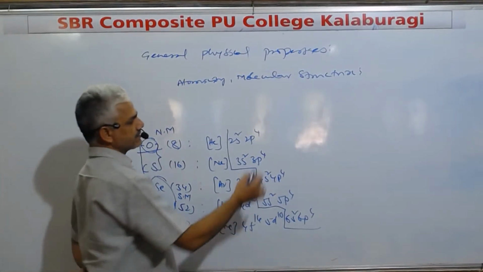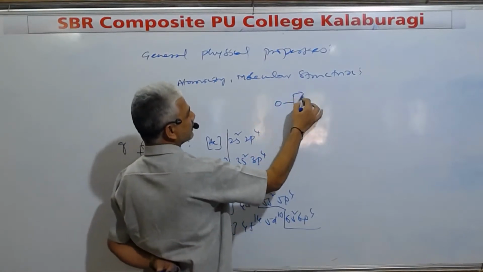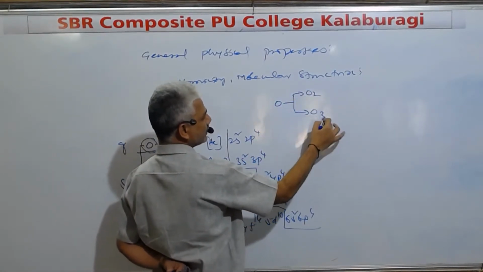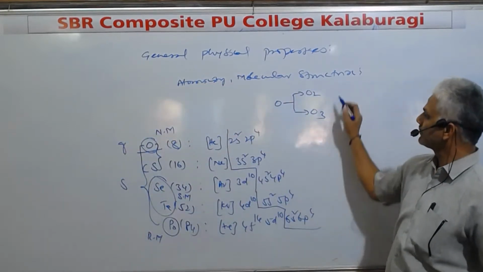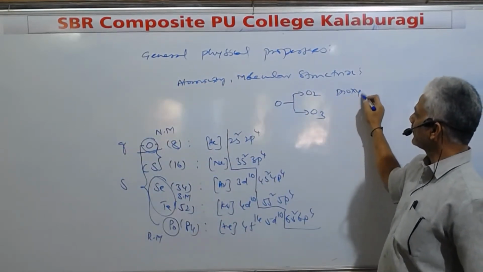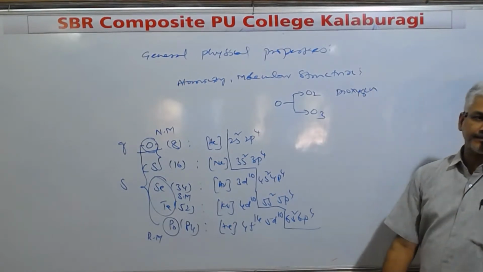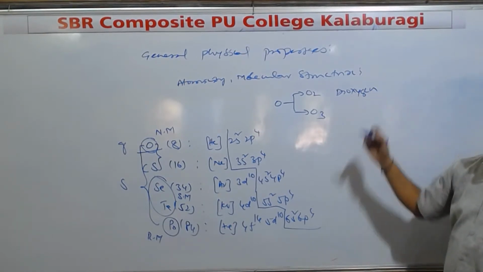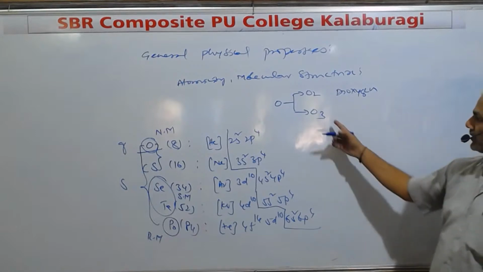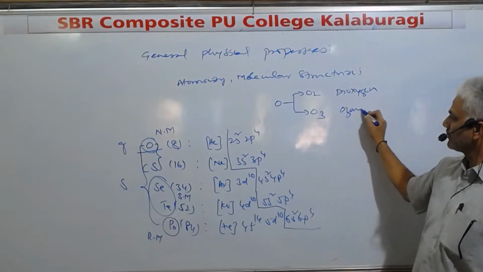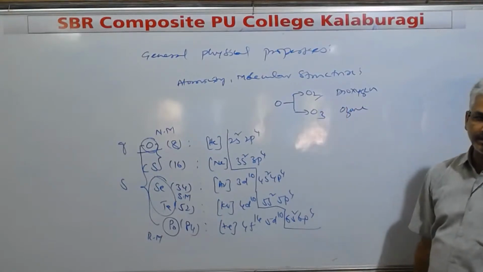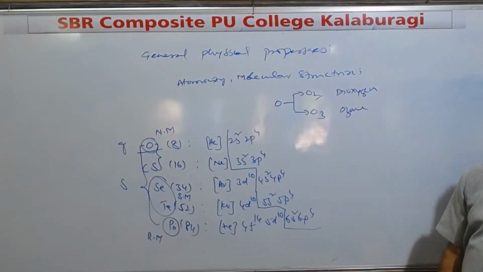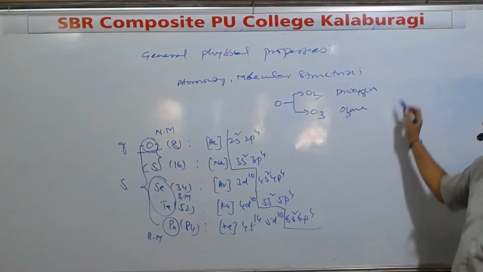In two forms: O2 and O3. The O2 form, we commonly call it oxygen, but the chemical name is dioxygen. O3 is known as ozone. So in the O2 form, what is the atomicity? 2. What is the molecular structure? Linear.